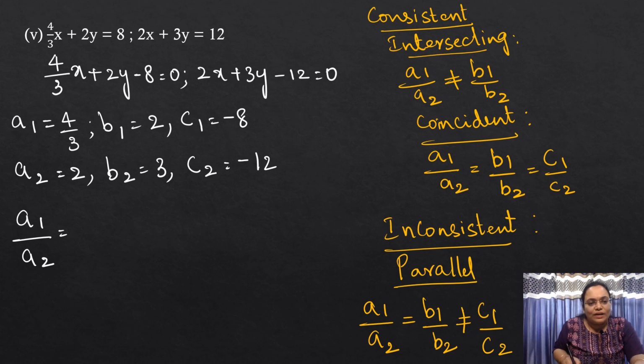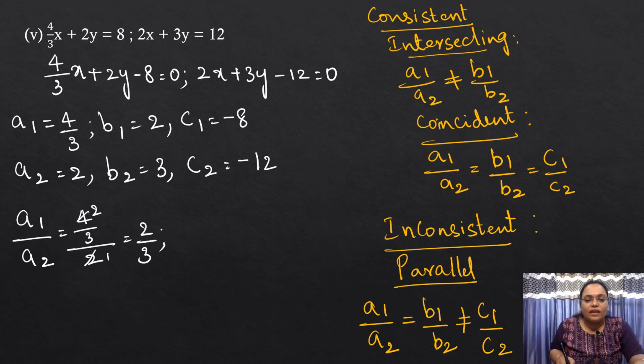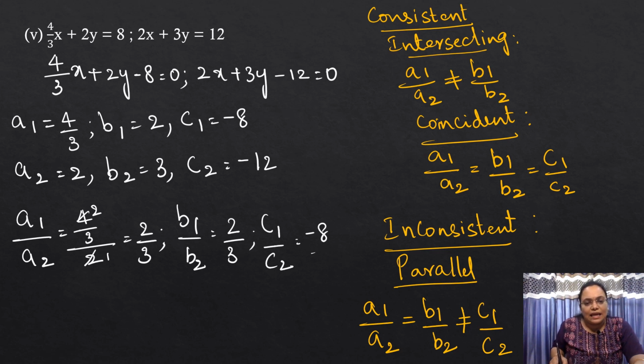a1 by a2 is 4 by 3 divided by 2, which is 2 ones and 2 twos. You will get 2 by 3. Then B1 by B2, which is 2 by 3. Then C1 by C2, which is minus 8 by minus 12. 4 2's and 4 3's, which is 2 by 3. So if you see all the ratios, you can say that all the ratios are equal, right?